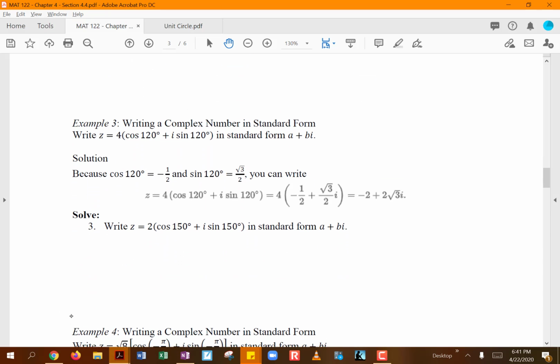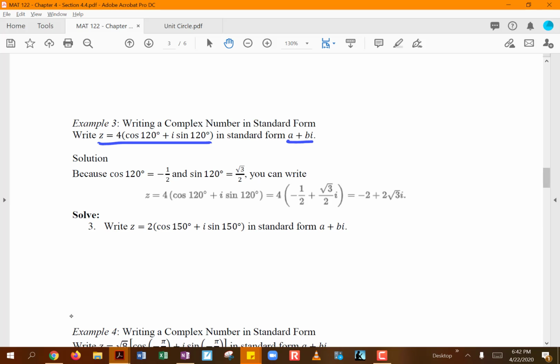Now, let's see how we can write a complex number in standard form. So here you will see we are given our number in the trigonometric form. So you have z equals 4 times cosine of 120 degrees plus i sine of 120 degrees. And they're asking us to write it in the standard form of a plus bi.